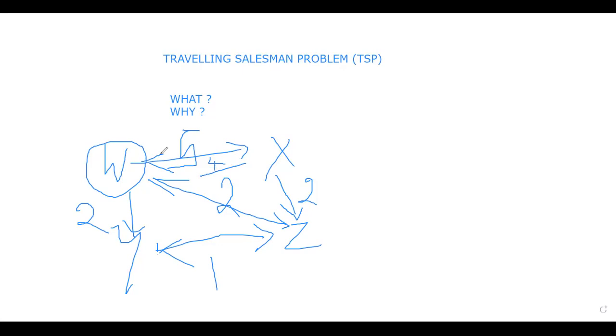In this way, you'll have different values for traveling in each particular path.